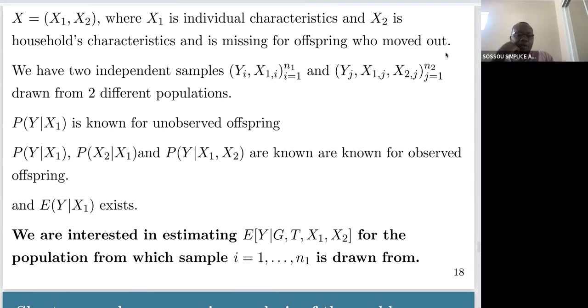Okay. Now, maybe what I'm going to say does not make any sense. I know that the census, because you are working on Benin, right? So I know that the census that we have, the SGPH, does not keep track of one household.